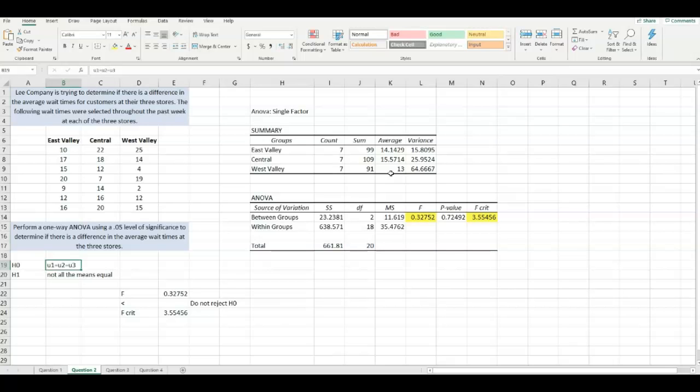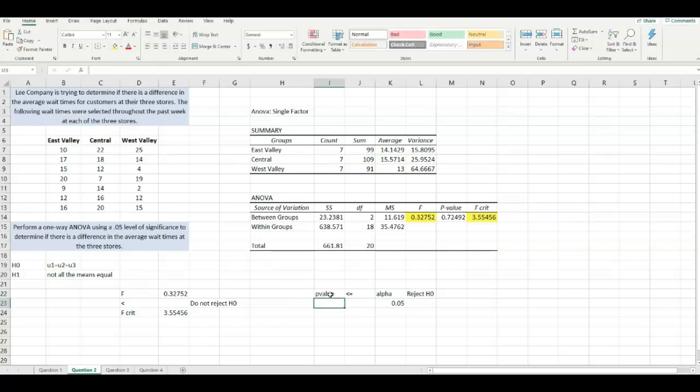Now we could also use our p-value test here. The p-value has to be less than or equal to alpha, and if that's the case, we reject the null. Well, our alpha is the 0.05. That's our level of significance.